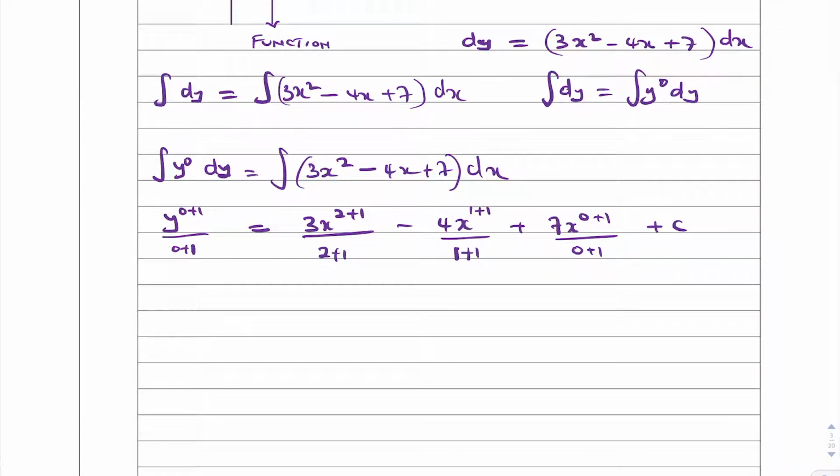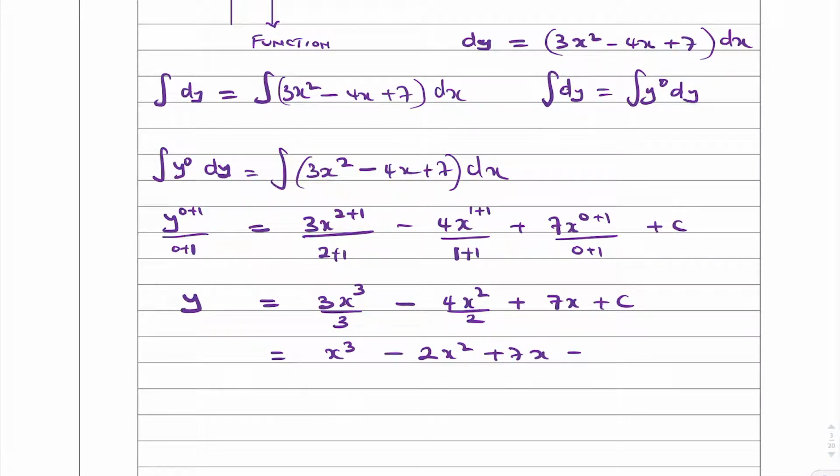So in this case, we get y equals 3x cubed over 3 minus 4x squared over 2 plus 7x plus c. And that becomes x cubed minus 2x squared plus 7x plus c.